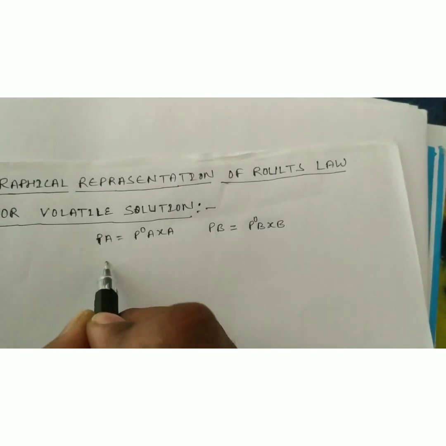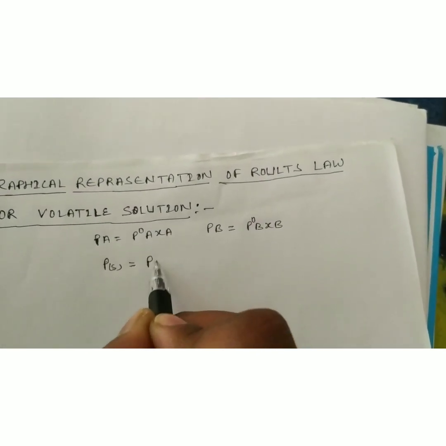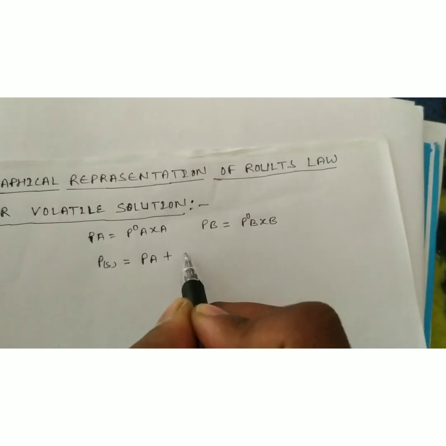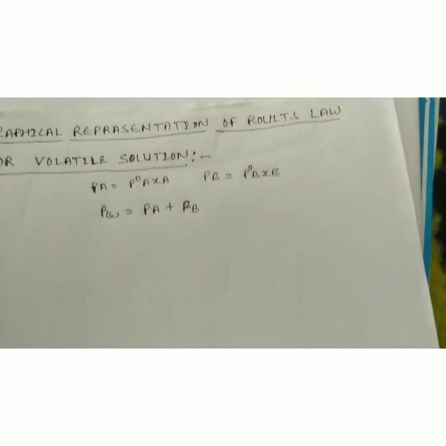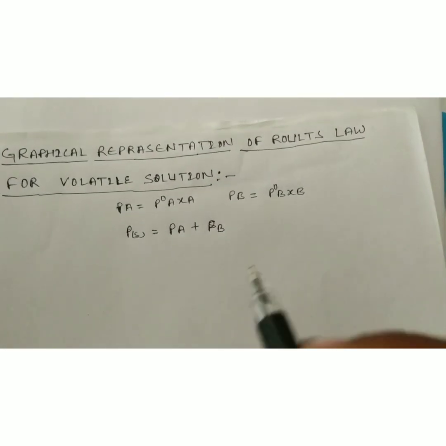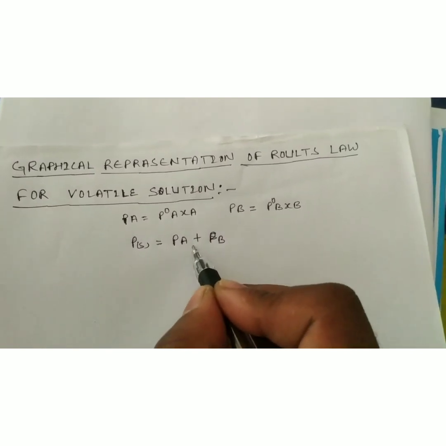We also know the total pressure of the solution is equal to the sum of the partial pressure of solute plus the partial pressure of solvent. This is the total pressure of the solution. So put the value of Pa and Pb in equation first.